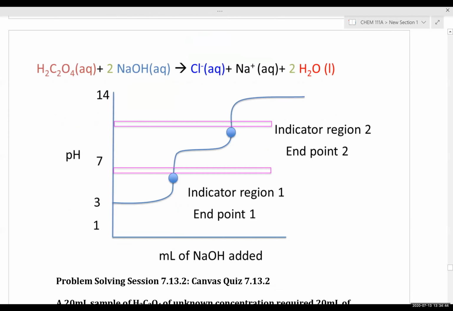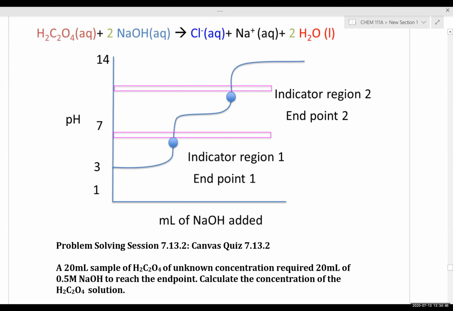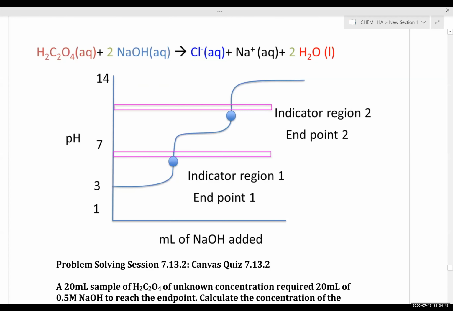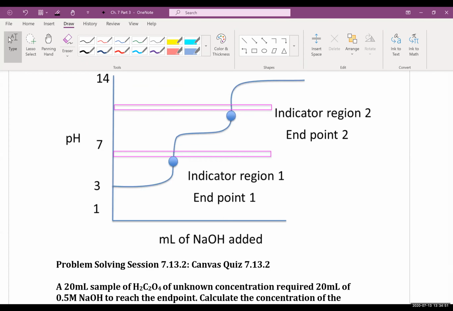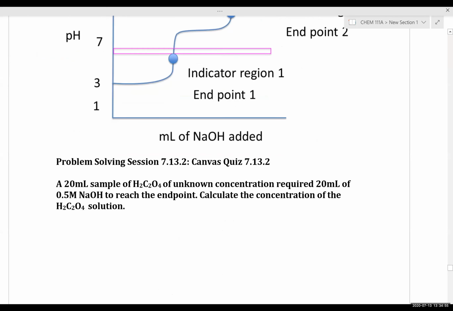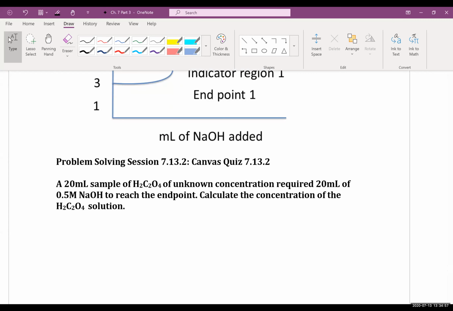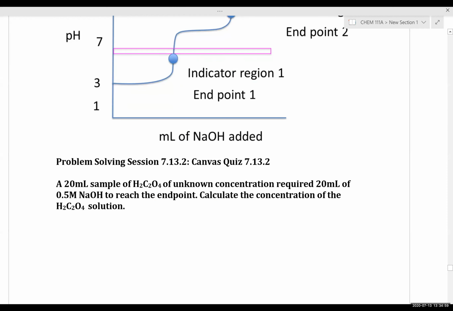So looking at the following reaction between oxalic acid and sodium hydroxide, I'd like you to read through the following problem and then solve the titration question. For example, a 20 ml sample of oxalic acid required 20 milliliters of 0.5 molar sodium hydroxide to reach the endpoint.